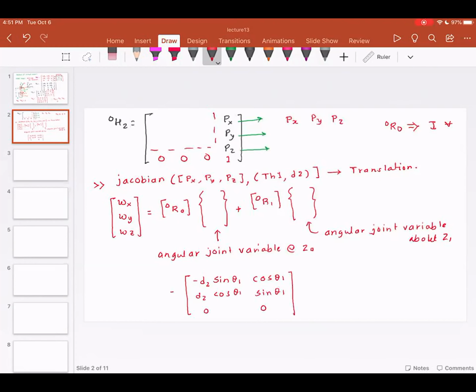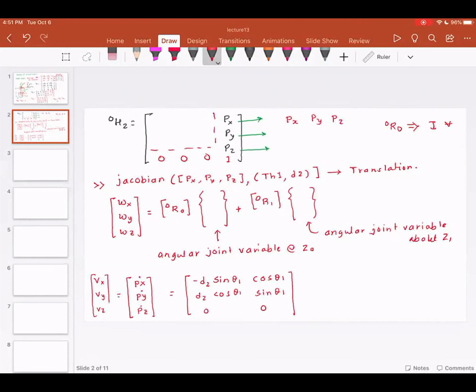If you want to find out the joint velocities, here is what you do. You say px dot, py dot, pz dot, which is nothing but the velocity of the end effector in the zeroth frame, vx, vy, vz.